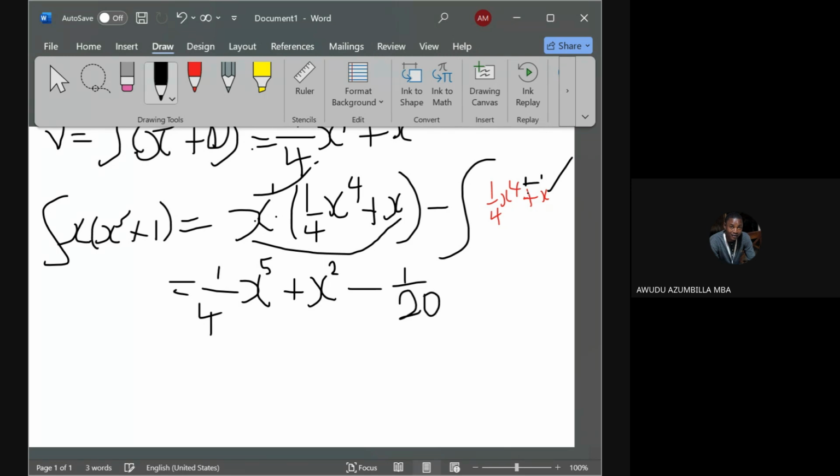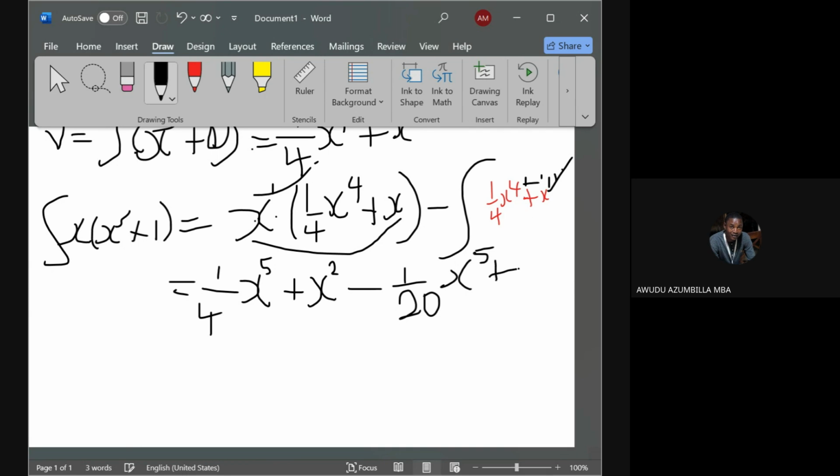You're going to get 1/20 x raised to the power 5. And then we integrate the x. The x is standing alone. You integrate it. You are going to get, this is already standing with 1, so plus 1, it becomes 2.